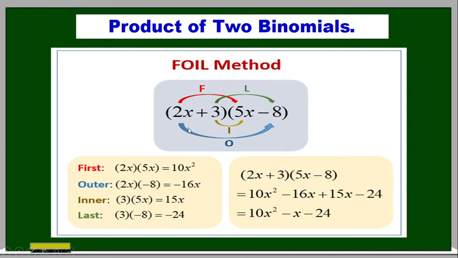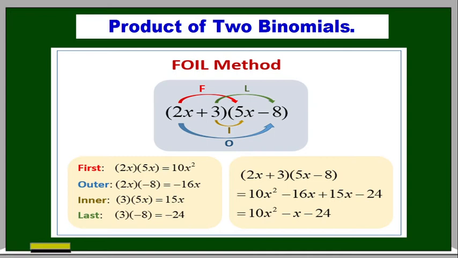And then last, when we say last, second term in the first binomial and second term in the second binomial, or what we call the last terms. Okay, so we have 3 times negative 8, and that is negative 24.